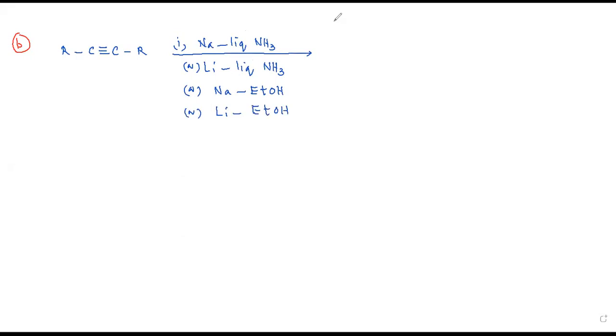So these, of course, are called Birch reduction reagents. These are meant for anti-addition and of course known as Birch reduction. So here we get a trans product.